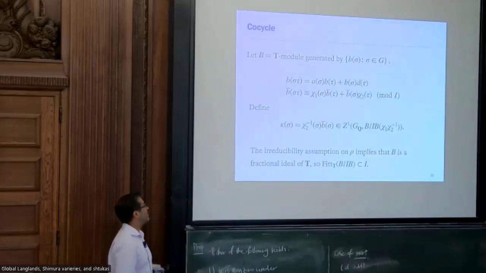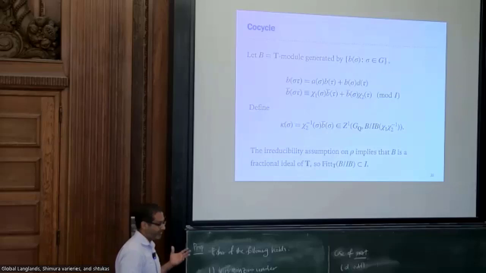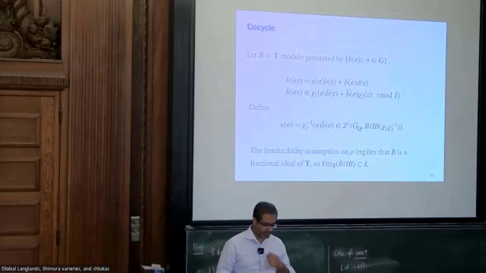One thing that I want to point out is that the hard part of this argument was figuring out how to construct this module, taking this special basis, and then proving you have a cocycle. The easy part of the argument is showing that the Fitting ideal is contained in I, because this part is easy just because of functorial properties of Fitting ideals. I mean, the hard part is thinking that you should be using Fitting ideals, which Mazur and Wiles realized.